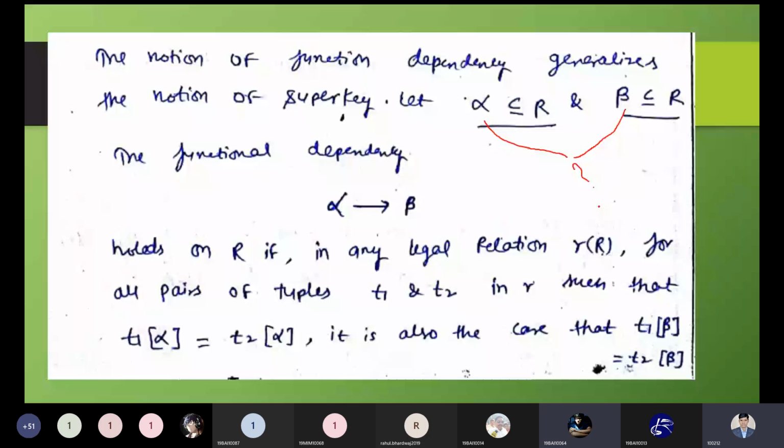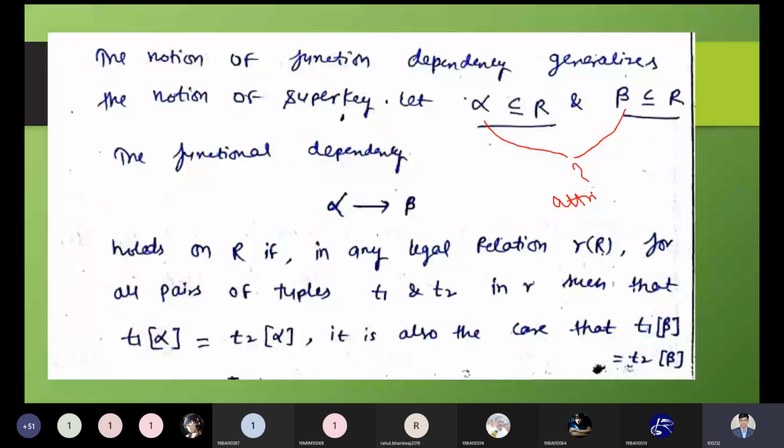Yes, I need the answer. A super key is always applied on attributes, so alpha and beta can be two attributes. Can we say that? Yes, sir. So alpha and beta are our two attributes.